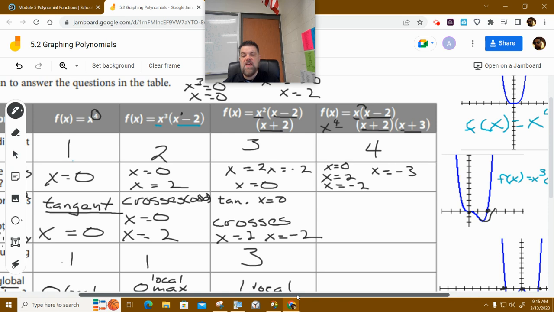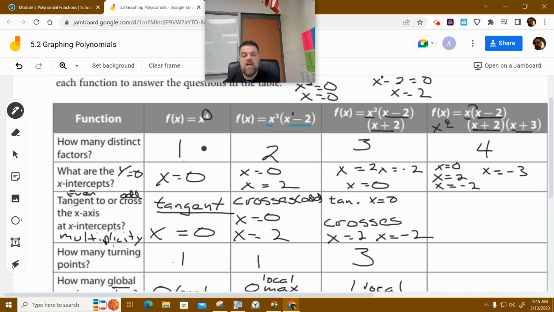Now, here's the weird thing. Are they going to cross? What this is saying is that this is going to cross the x-axis 4 times because we have 4 distinct factors. Are they going to touch the x-axis or are they going to cross? Now, here's how you know. A tangent, and this is where I feel like somebody's going to get a little confused, but maybe not, only occurs when you have a multiplicity of an even power.